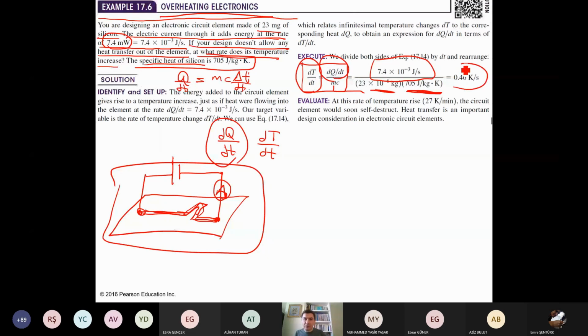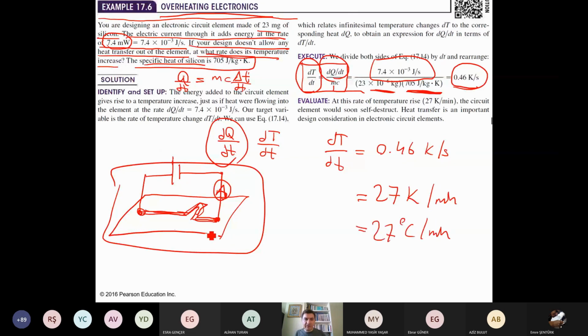What do you see here? The temperature changes by time with this relation, 4.46 Kelvin per second. It means that 27 Kelvin per minute or 27 degrees Celsius per minute.